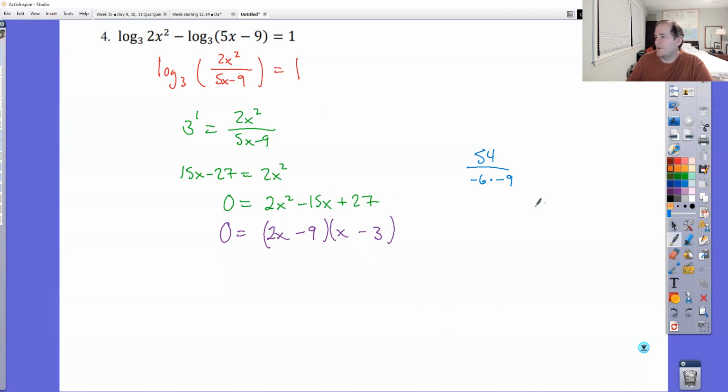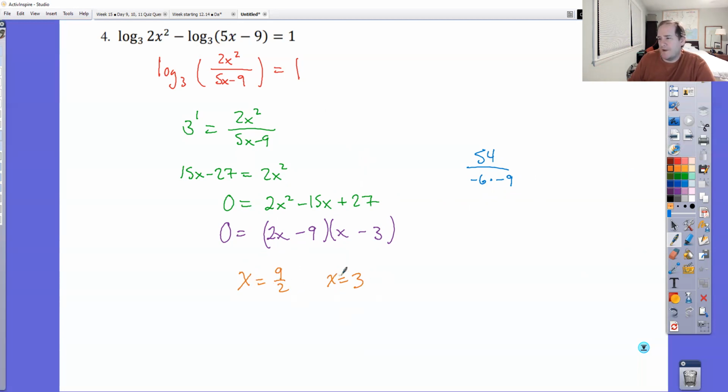All right, so now what? You pull out your solutions. This guy gives me a 0 at positive 9 halves. This guy gives me a 0 at positive 3. So they certainly seem like they're probably both going to be real and legitimate solutions, but you got to check. You never know.